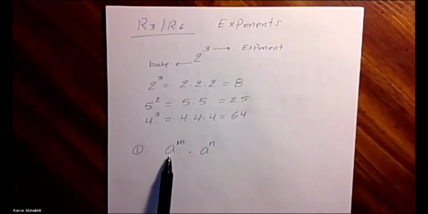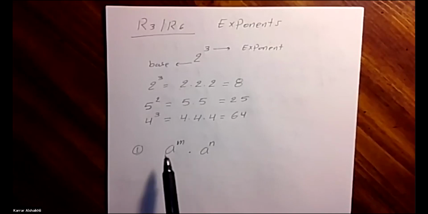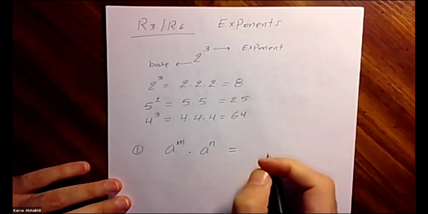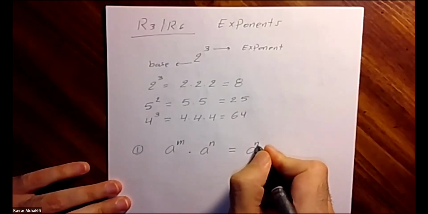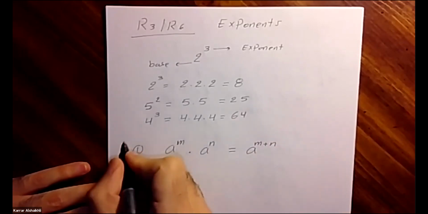You see, we have a number a with exponent m. This is in general. I'm writing down the general rule so we can use it. And the same number with a different exponent is going to be equal to the same number, and you're just going to add the exponents. This is the first rule.